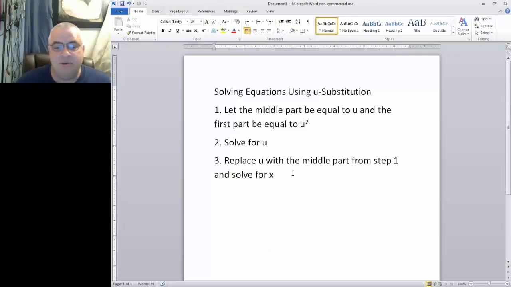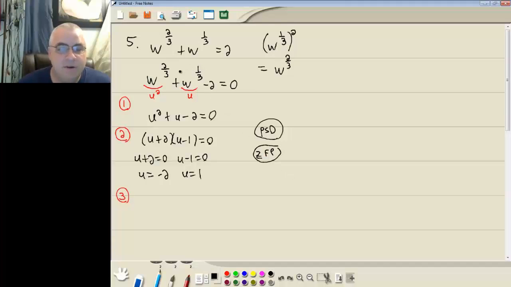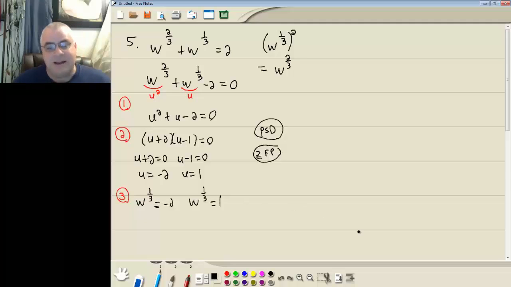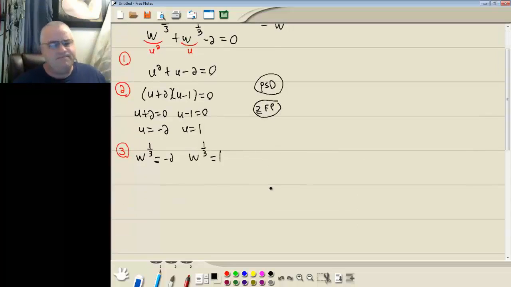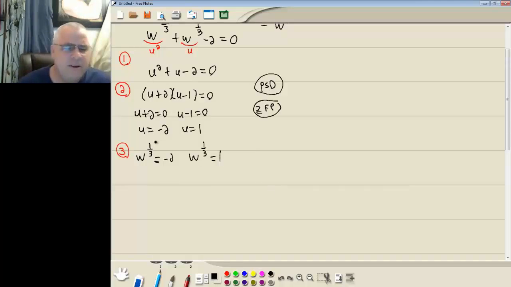Step 3. Replace u with the middle part from step 1. Well, the middle part is w to the 1/3, so I'll put w to the 1/3 in, and same thing here. And then I say solve for x, but of course this is now w, so let's solve for w. W to the 1/3.